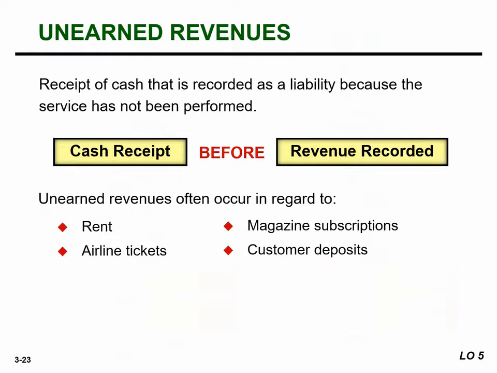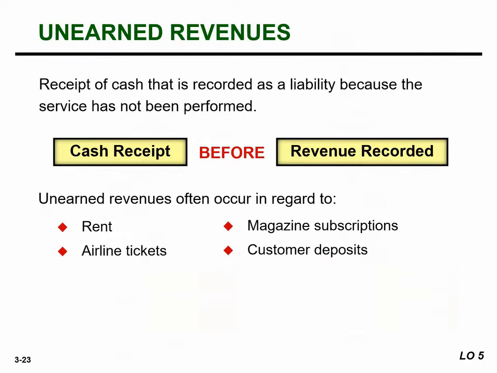We received a cash receipt from the customer, but the service will be provided to the customer in the future. So you received cash from the customer today, but you did not perform services yet.